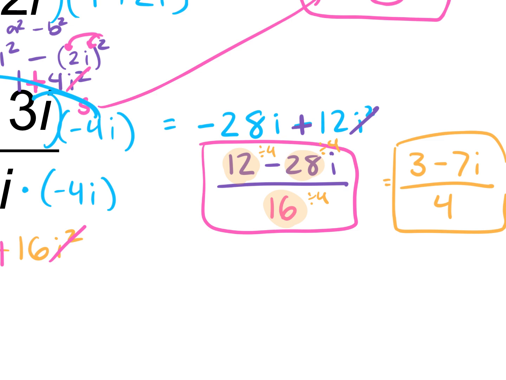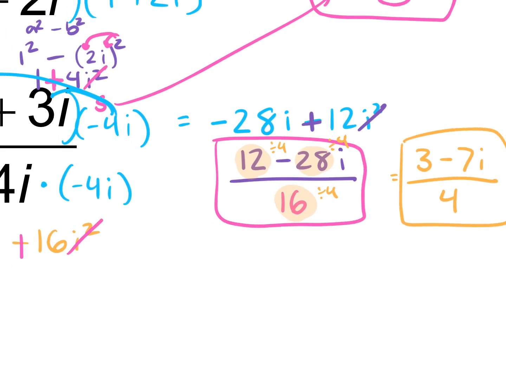What do you think I could have done in the beginning? So looking at our original question and the answer we got, what do you think I could have multiplied by in the beginning instead of negative 4i? Any suggestions?